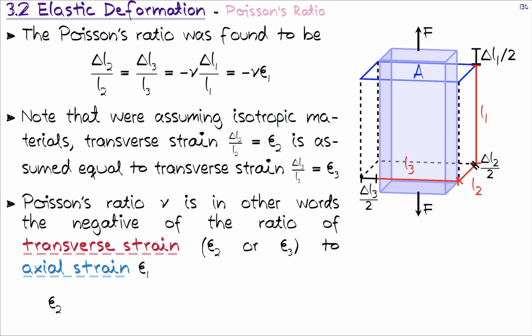So essentially, what Poisson's ratio can also be written as is, we had the earlier equation here, and this is the definition of the transverse strain epsilon 2, and this is the definition of the transverse strain epsilon 3, and this is the definition of epsilon 1. So we can rewrite that epsilon 2 equals epsilon 3, and this must be equal to Poisson's ratio times epsilon 1. So essentially Poisson's ratio is the minus of the ratio epsilon 2 divided by epsilon 1, so transverse strain with respect to axial strain.